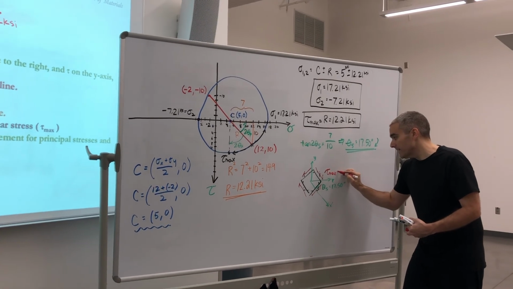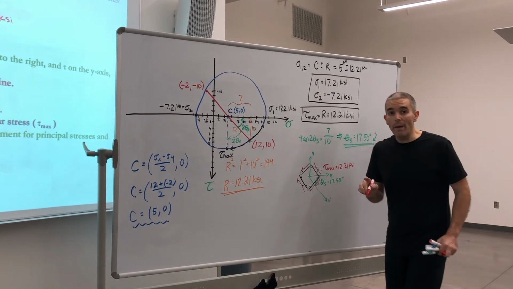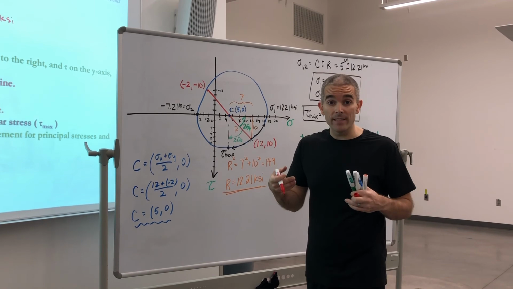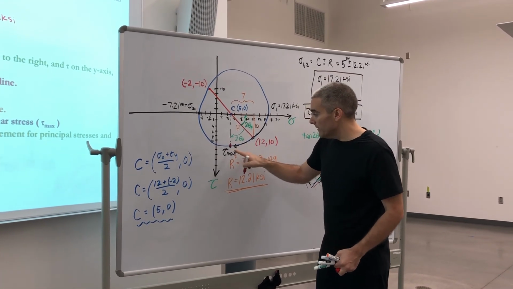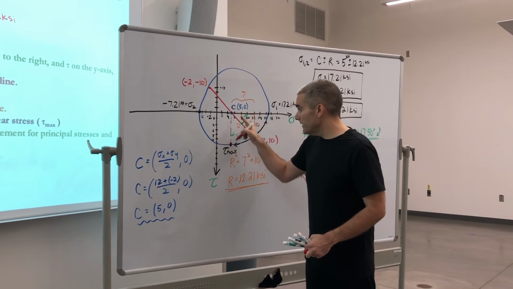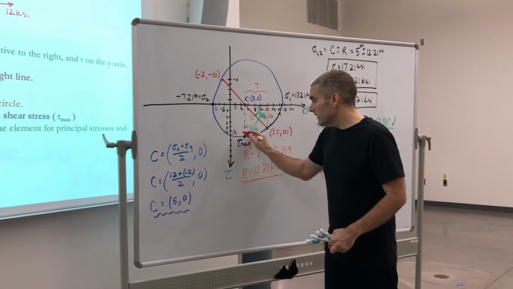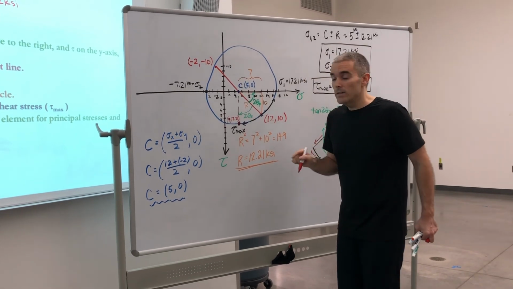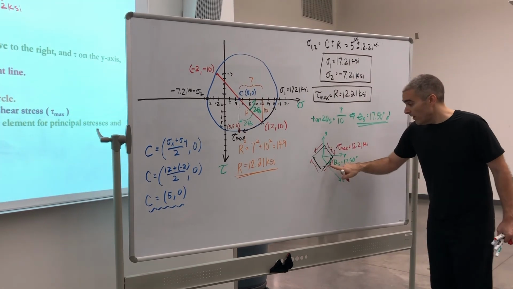So tau max, 12.21 KSI. Remember, on the max shear plane, we also have a normal stress. And so again, if we think about this, the coordinates of this point right here are going to be 5, 12.21. So this 5 is the value of the stress on this plane.